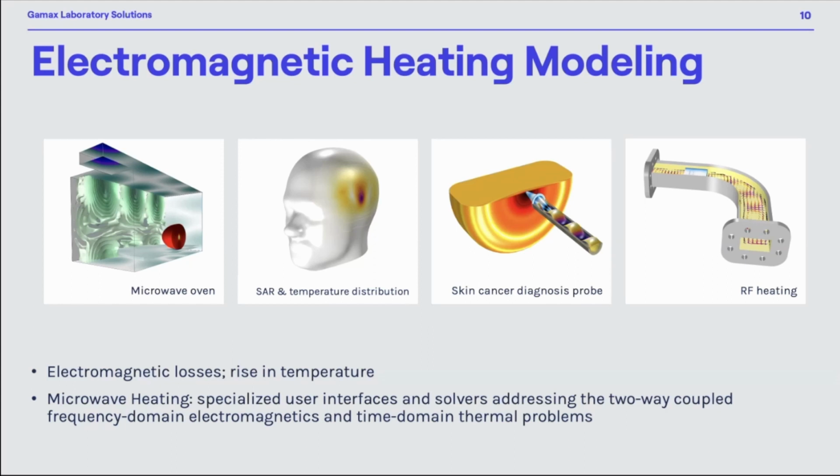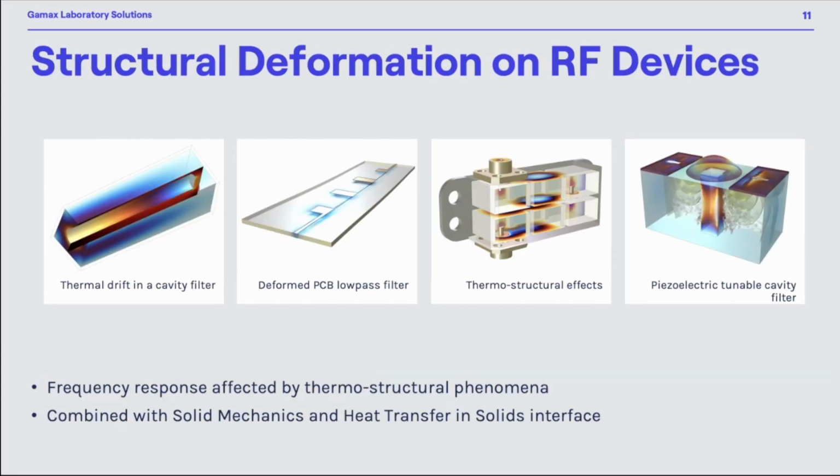That's also included, and you can couple them together quite easily. And going further, if we have a temperature distribution, then we probably have mechanical stresses. So we can go further and add additional physics interfaces. Here later in the demo part, with the patch antenna array, I will do the same.